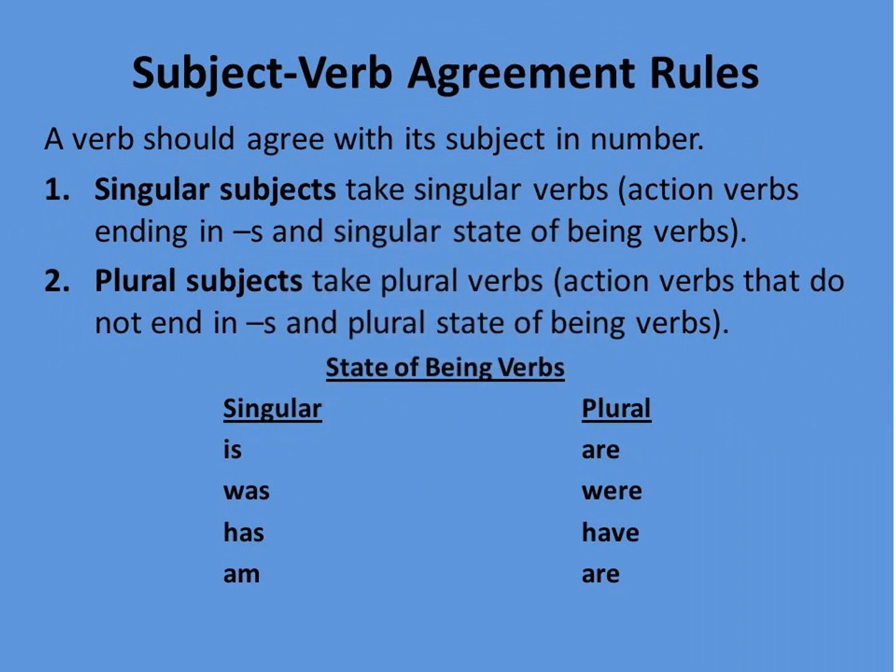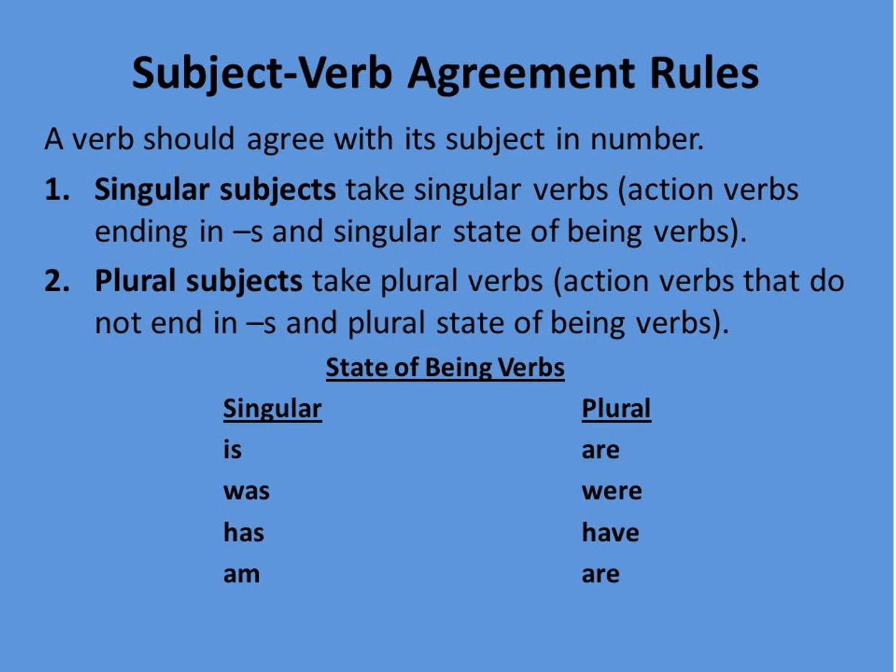We have to remember the subject-verb agreement rules. A verb should agree with its subject in number. Singular subjects take singular verbs, action verbs ending in s, and singular state of being verbs. Plural subjects take plural verbs, action verbs that do not end in s, and plural state of being verbs.